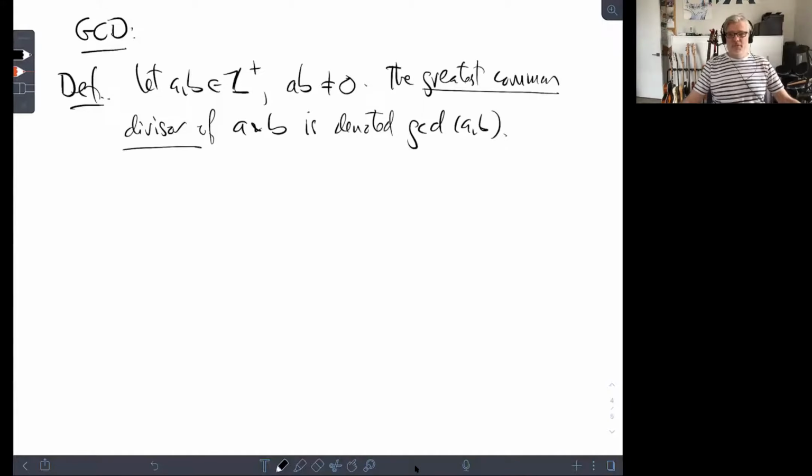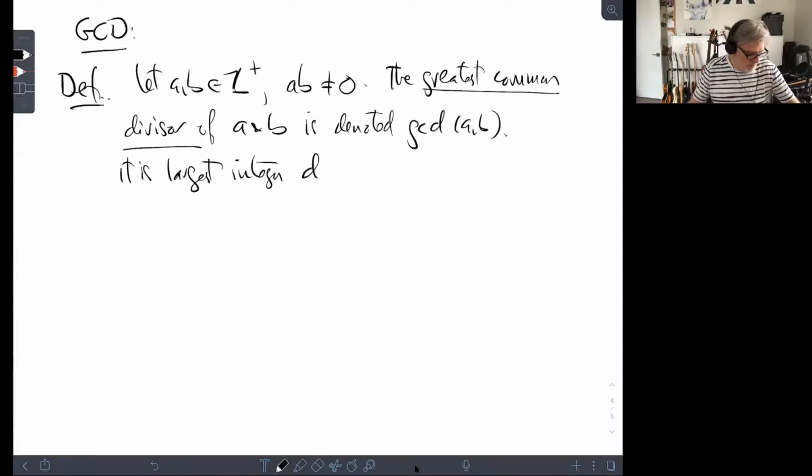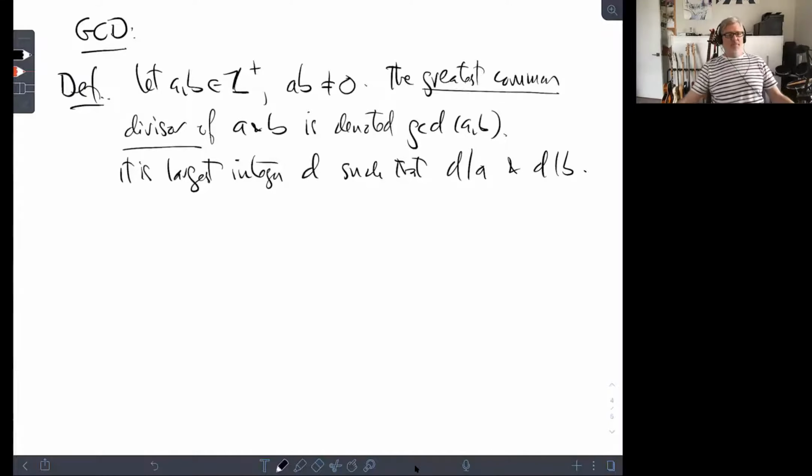Now I'm not really defining it, right? But it's the greatest common divisor, so it is the largest integer d such that d divides a, and d divides b.